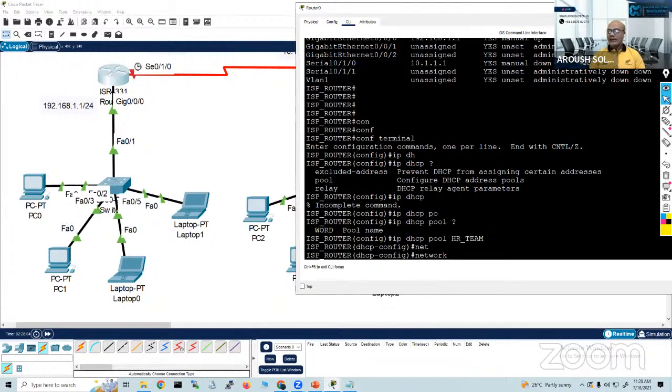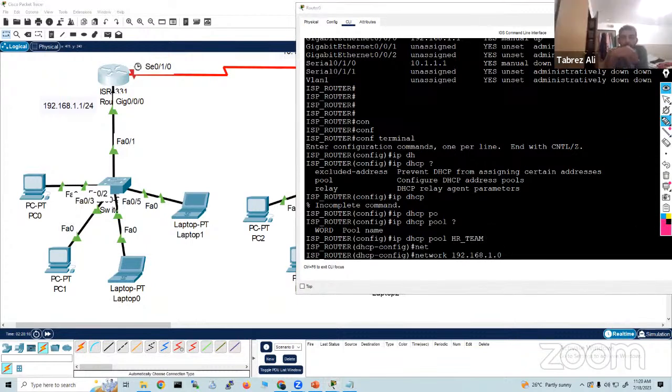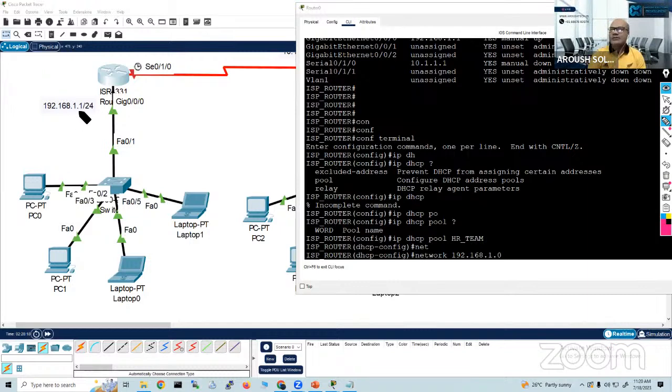Now network, and which network are we using? 192.168.1.0. Remember that. This starts from 1.0, 1.1, 1.2, 1.3 up to 1.255.